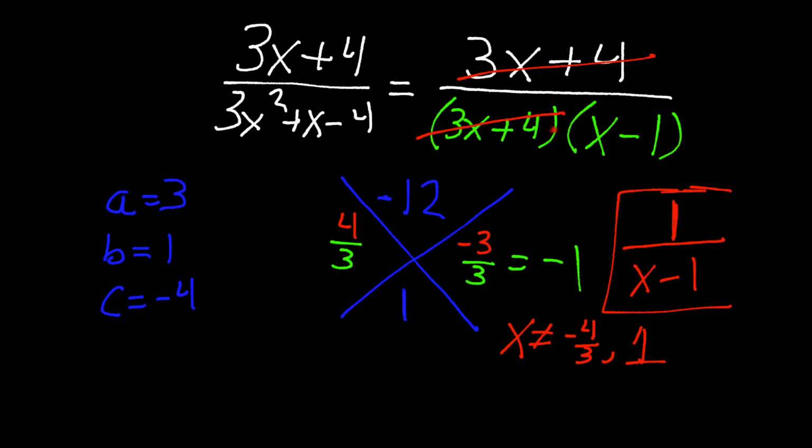Then we looked at the factors from the diamond method, changed their signs to the opposite, and said, oh, x cannot be those values because that will make it 0 on the denominator, which is undefined. And there we go. We have successfully simplified rational expressions.